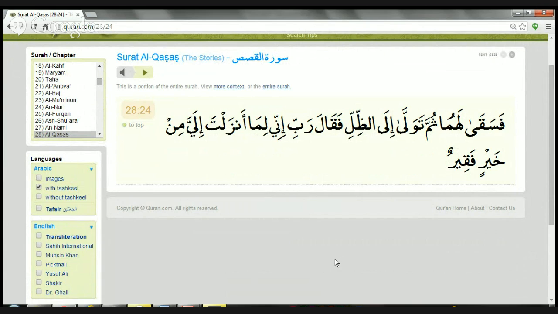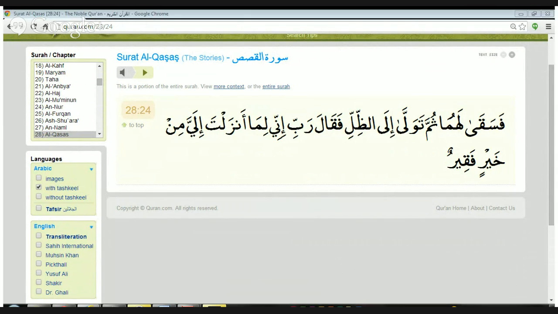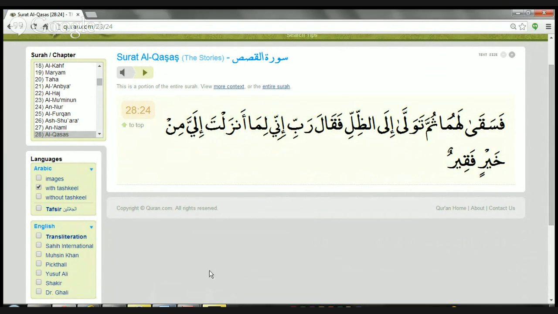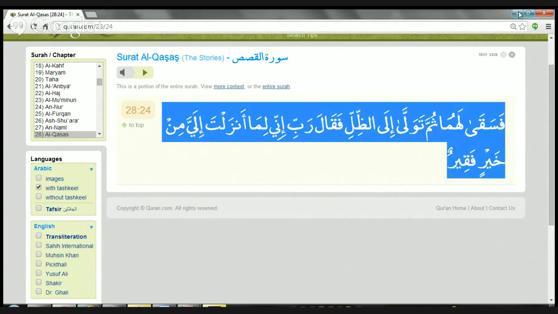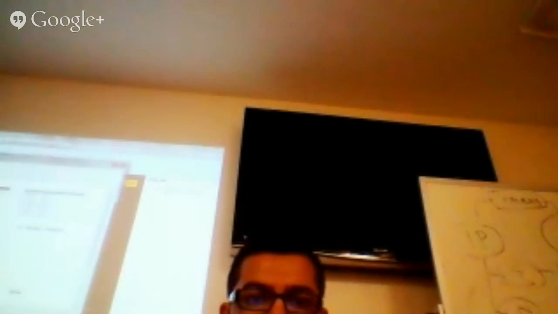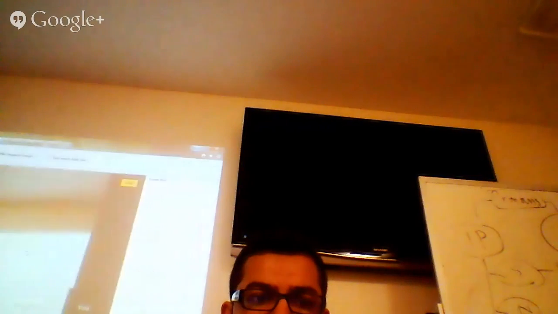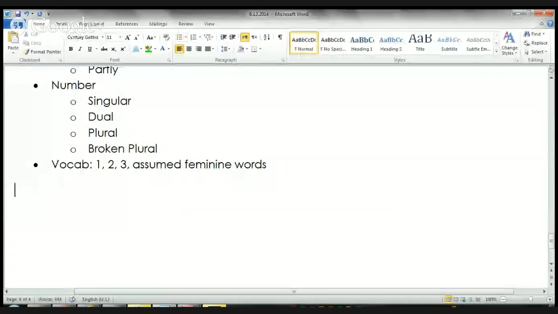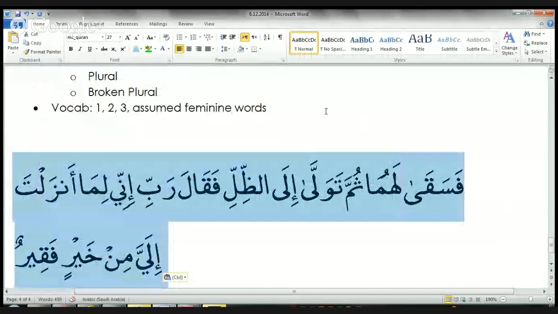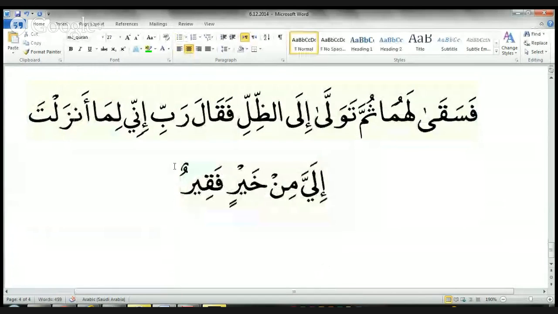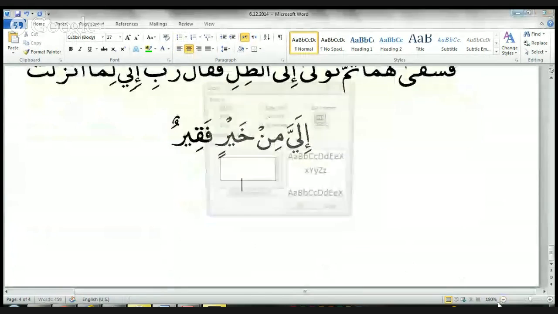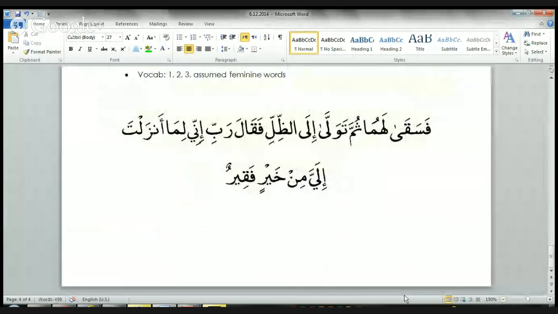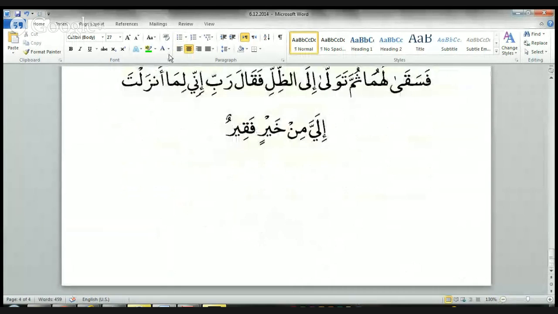The first thing that happens to him in this surah is that people are coming and killing all of the children of Bani Israel. Okay?